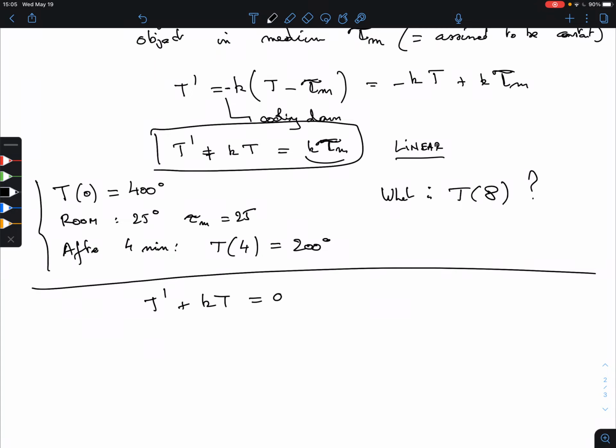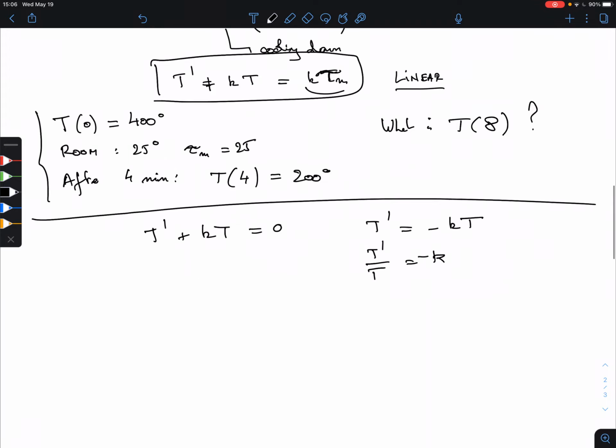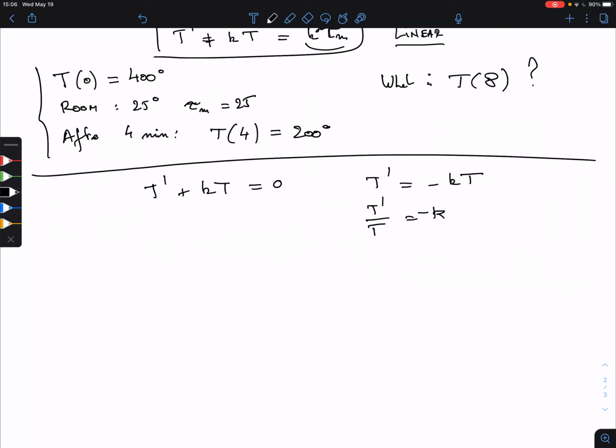So we have to first solve this differential equation in general, but that's very easy. Remember, separating variables, T prime over T is minus k. Oh, sorry, no, I made a mistake here.